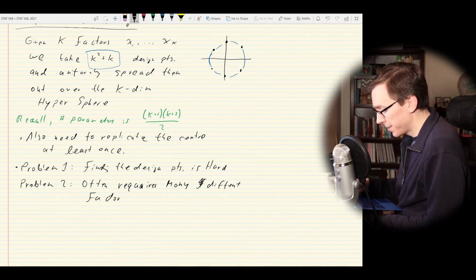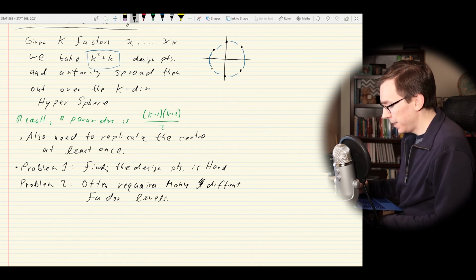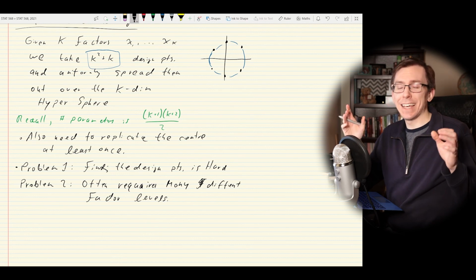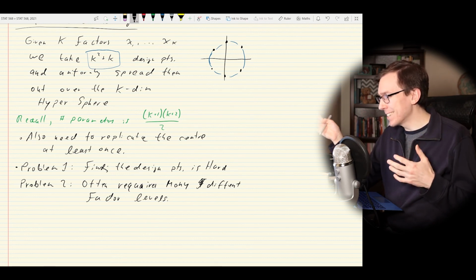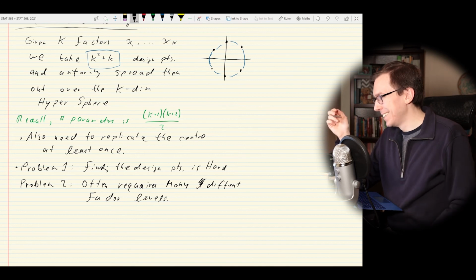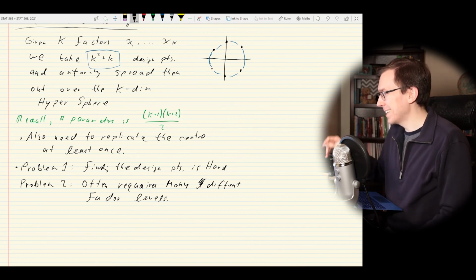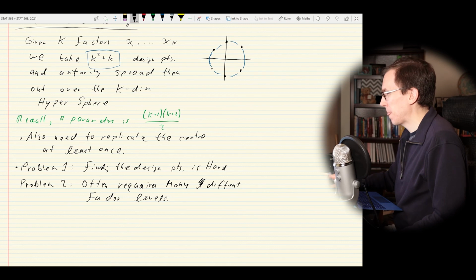Not always, but that is something that should be considered in a response surface design. Again, it's not always hard to change your factor levels, but sometimes it is, and you have to be kind of aware of that. But roughly, that's more or less the whole point.